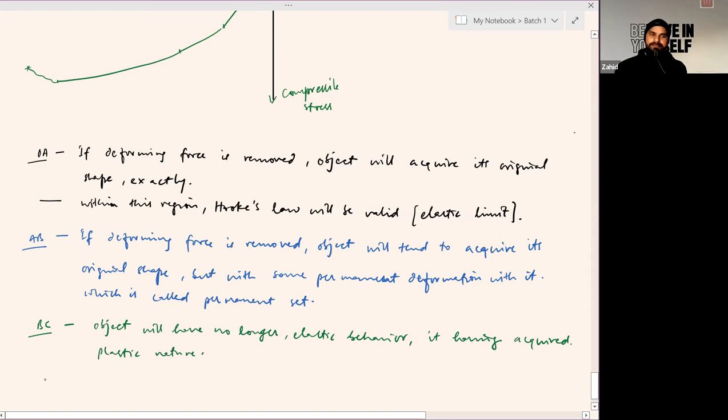And from C to D, on applying a very small stress, it may start to flow, and at any point it may break.